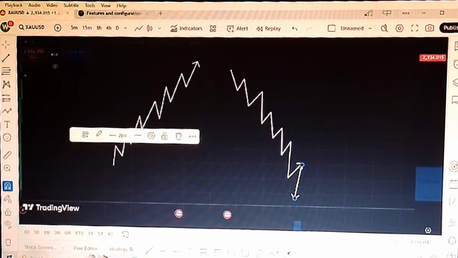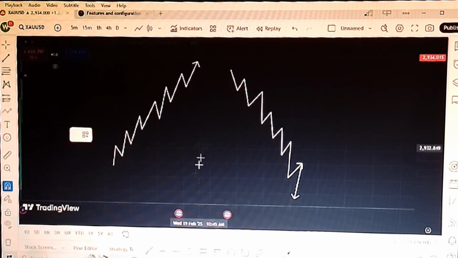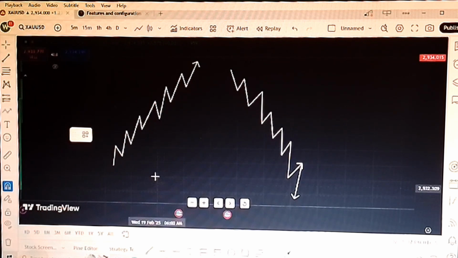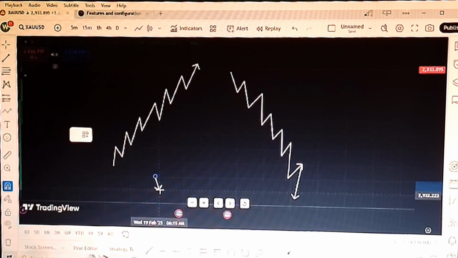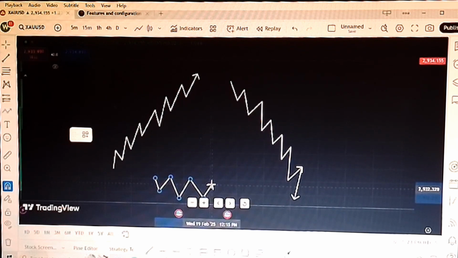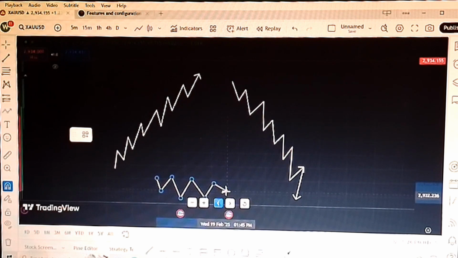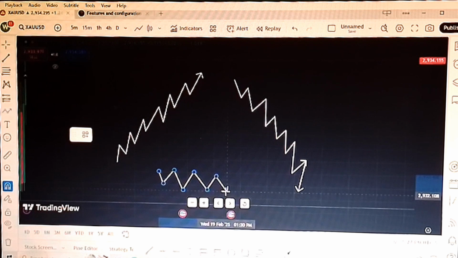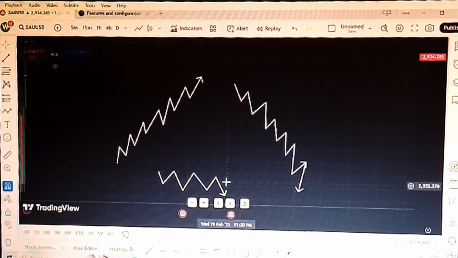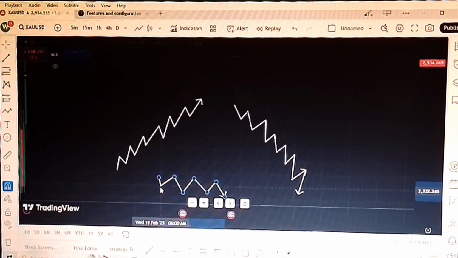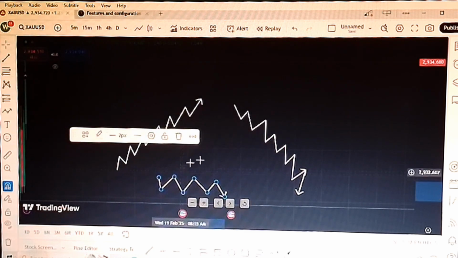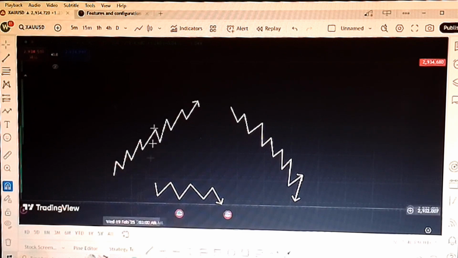The next one is consolidating markets, also known as ranging, where the highs and the lows are equal. Look at it very well.